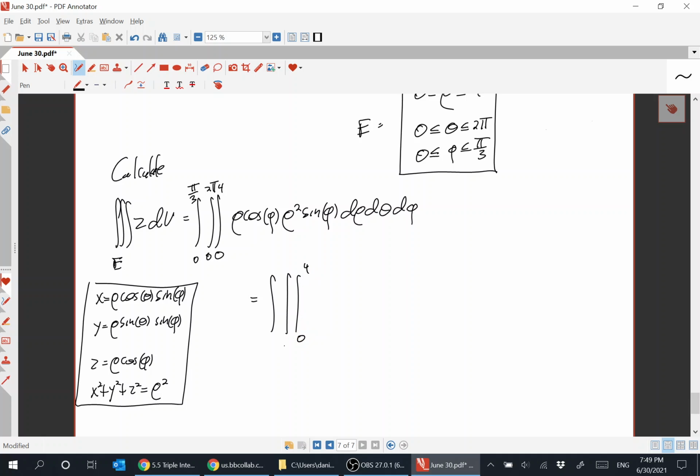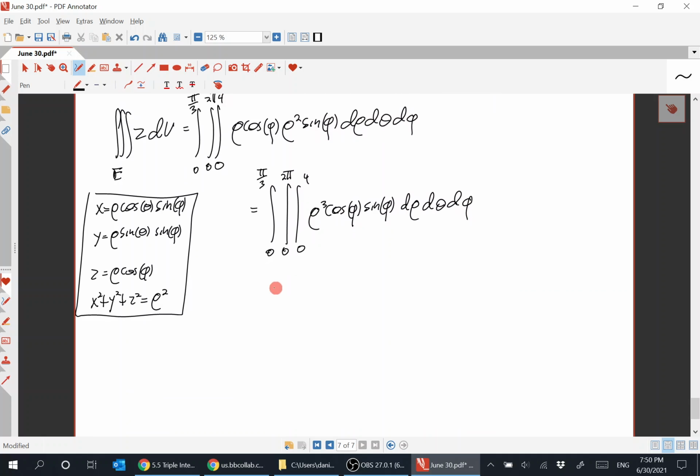So 0 to 4, 0 to 2 pi, 0 to pi over 3, rho to the third, cosine phi, sine phi, d rho, d theta, d phi. So 1/4 rho to the fourth. Of course, the phi is constant.